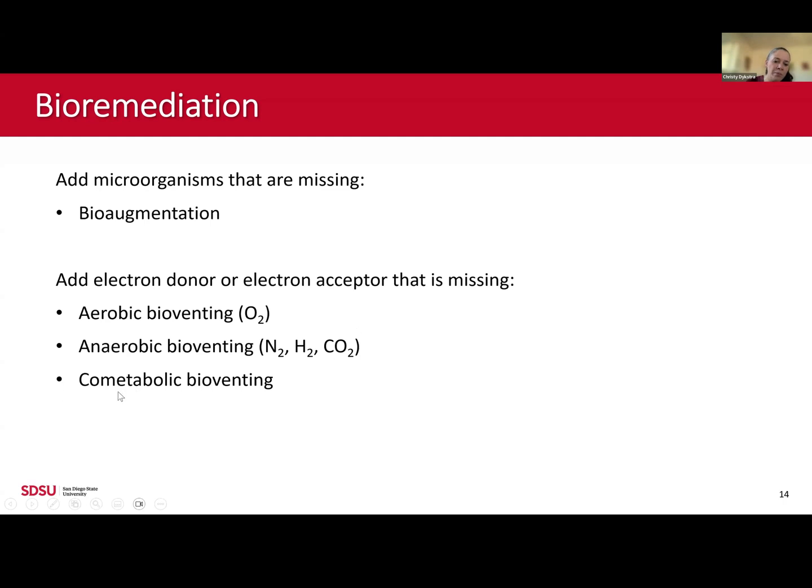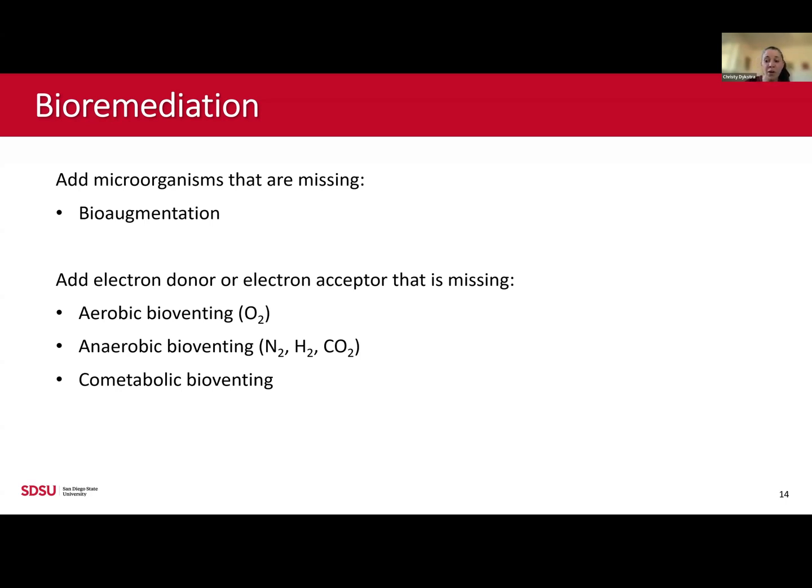We can also do co-metabolic bioventing. This is where we're putting in something that's not necessarily an electron donor or electron acceptor, but something else entirely that might stimulate a response from the microbes to produce enzymes that are also used to break down the contaminant.